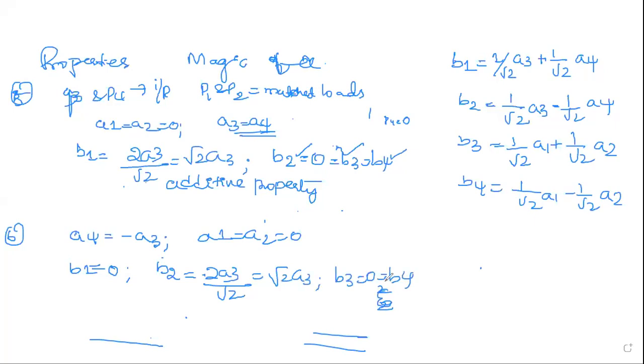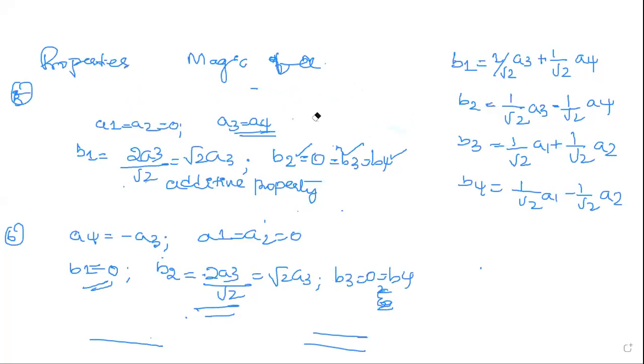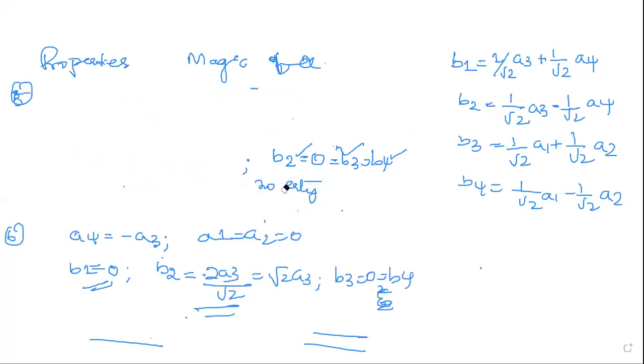So you can say that from this equation, this is also an additive property, but the sum signal will appear across port 2 instead of port 1. Rest all will be 0. And the 7th property you have here is the identical signals of the same source applied across port 1 and port 2 now. Just the reverse case. Here you had taken A3 and A4, that is, port 3 and port 4.